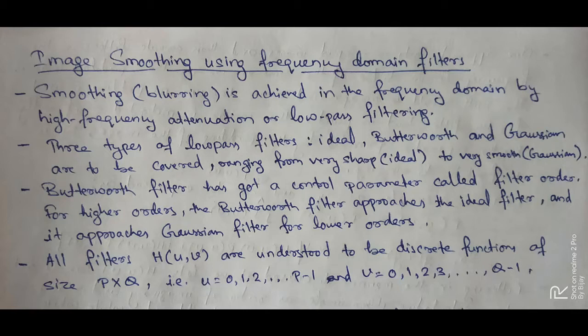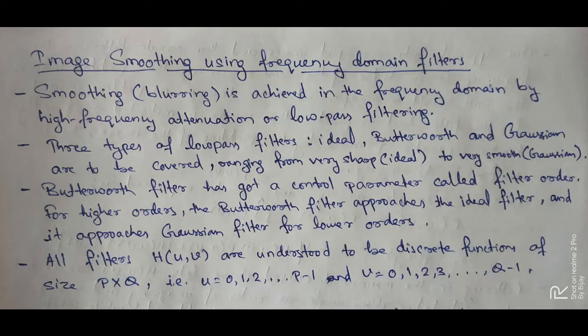So basically you should know that a Butterworth filter with high filter order behaves like an ideal filter, whereas the Butterworth filter with lower filter order behaves like a Gaussian filter. So basically the Butterworth filter is somewhere in between the ideal low pass filter and the Gaussian low pass filter.